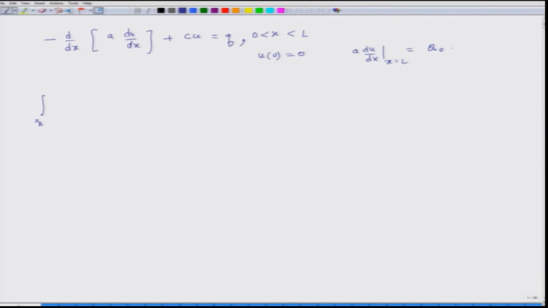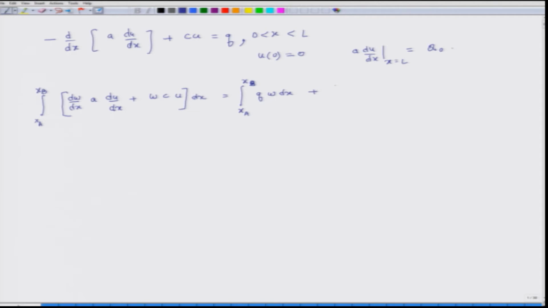So, if the boundaries of the element are designated as xa and xb, then the weak form is the integral of dw over dx a du over dx plus w c u, integrated with respect to x, equals the integral from xa to xb of q times w dx and plus two boundary terms.